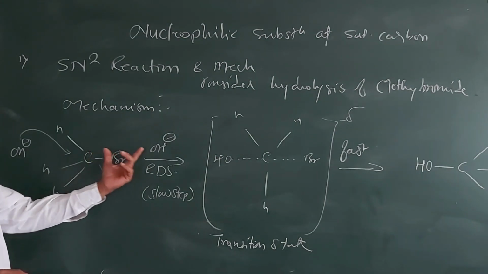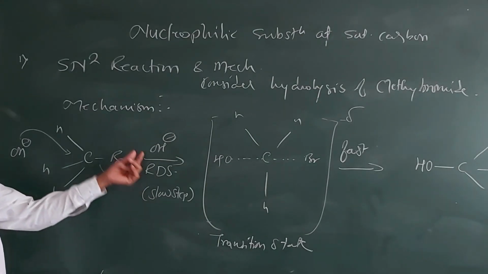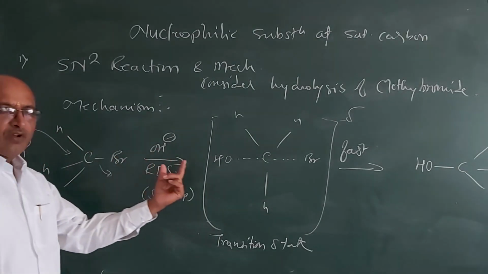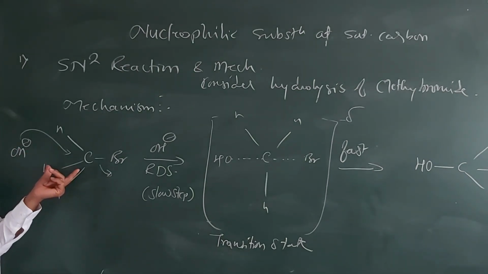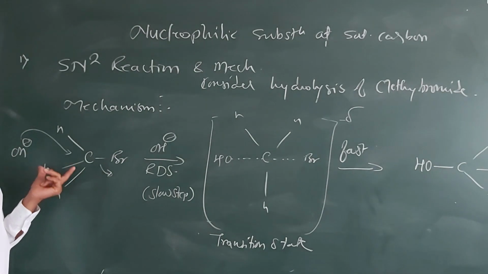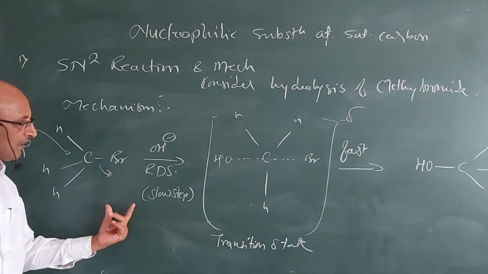And as the nucleophile cannot attack from the front side due to the repulsion, it attacks from the back side. You get the formation of a transition state where the energy from the C-OH bond formation, which is an exothermic process, is utilized for the C-Br bond breaking.